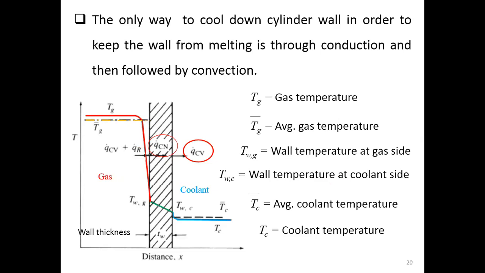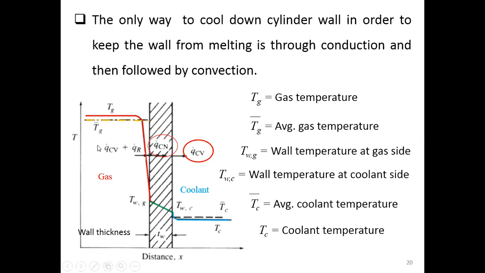So the only way that we can cool down the cylinder wall, in order to keep the wall from melting because of the temperature increase due to the hot gas inside, is to use conduction followed by convection. You can see in this picture, this is the hot gas after combustion.